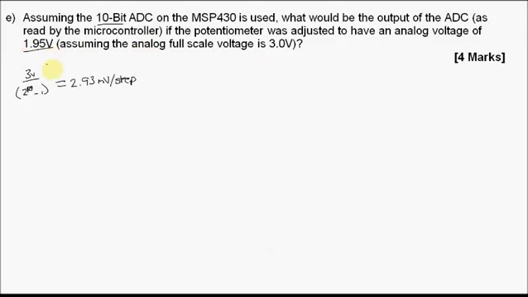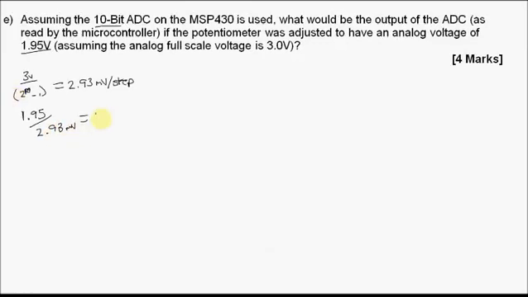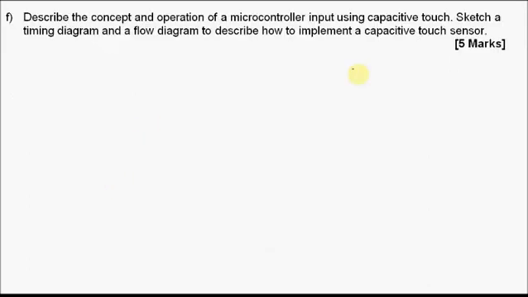Now we're saying we're having 1.95 volts. So we say 1.95 divided by 2.93 millivolts. When we perform that calculation, we find it's equal to 665. And so this is the value that our ADC will return to our microcontroller.